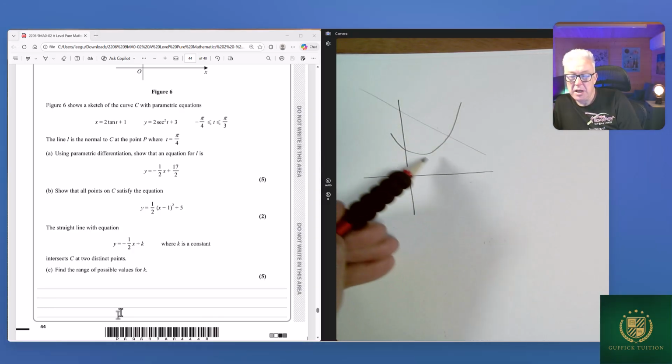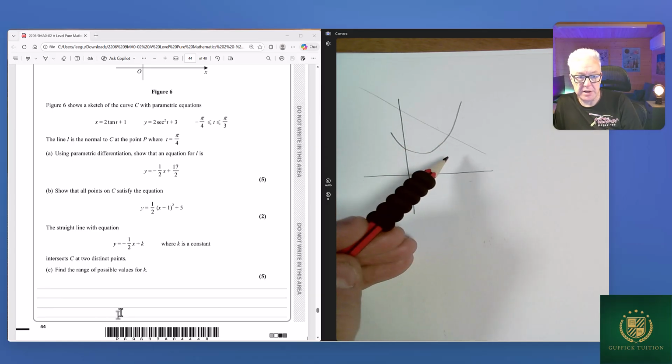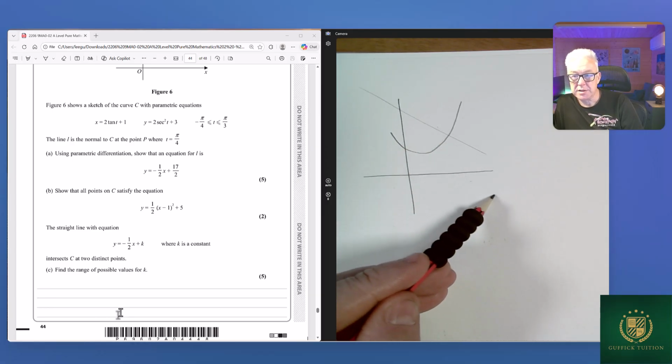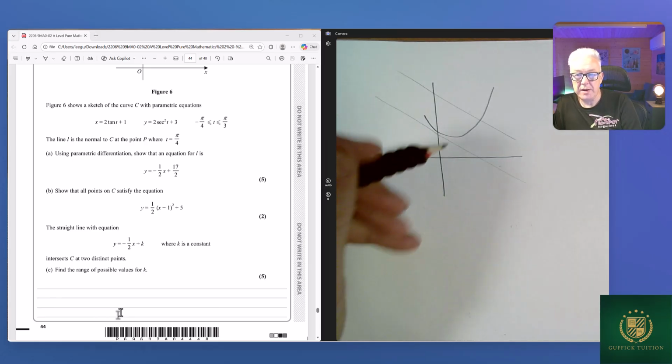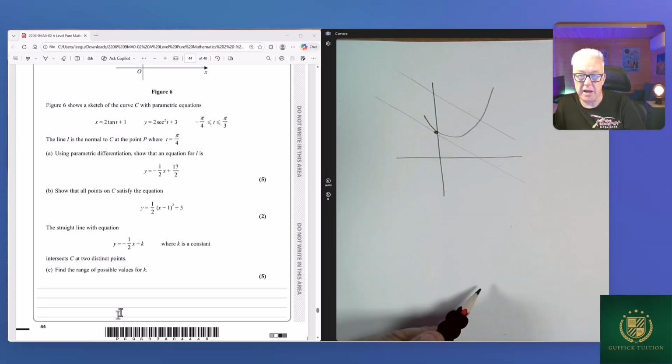Now, if you imagine we've got a line which has a gradient of minus a half, add k. So let's imagine that is one possible line there, where it just touches there as a tangent.